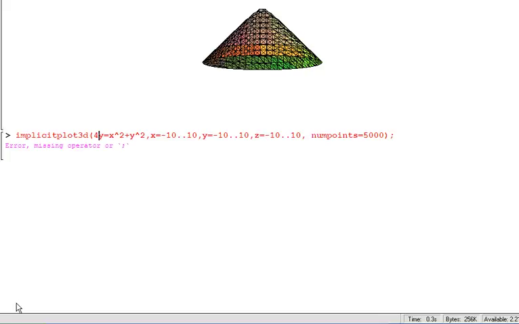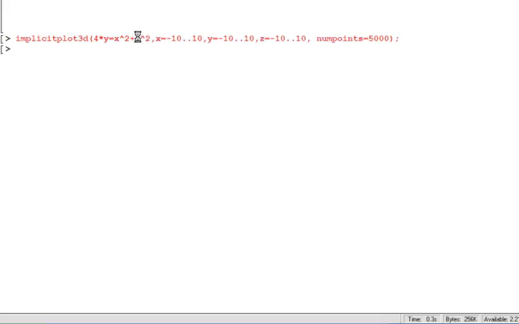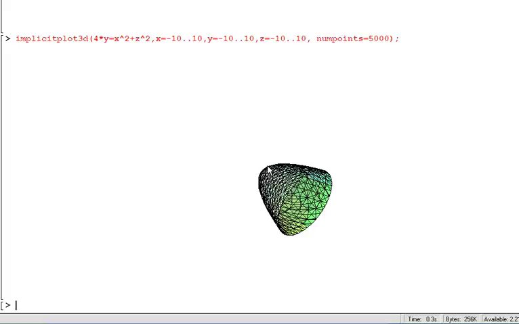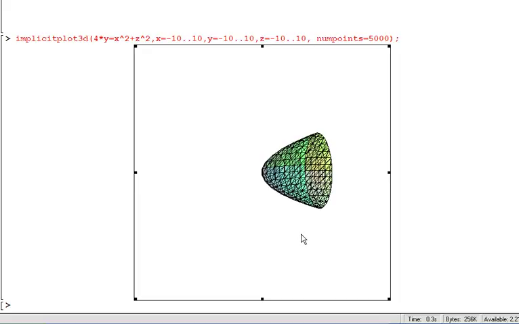I forgot my times. That's a big mistake with Maple. Oh, this should have been a z. So here we go. We get what we thought we would. Again, you can see the traces are parabolas and circles.